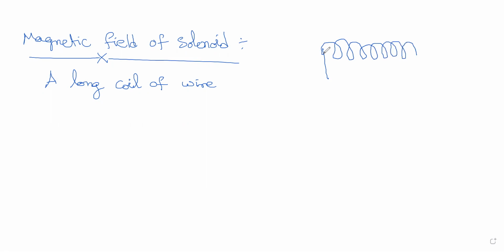When you have this scenario, this is our solenoid. Whatever the in-between space is, it looks like a spring. That in-between space is called the core of the solenoid. If you don't put anything in it, it's called an air core.